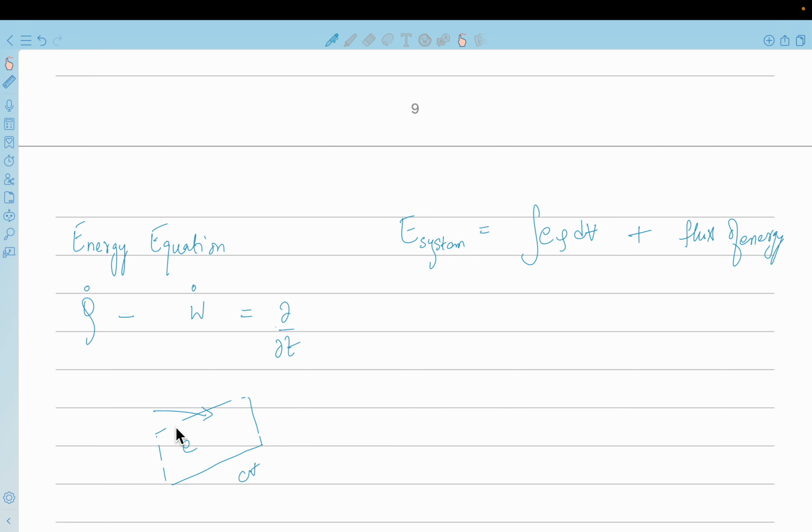So there is some energy coming in, and some energy going out from the control surface. So there is some energy in the control volume, and some flux of energy across the control surface, and that's what I am going to write over here. So we have the control volume term, integral E rho dV, plus the integral over the control surface.